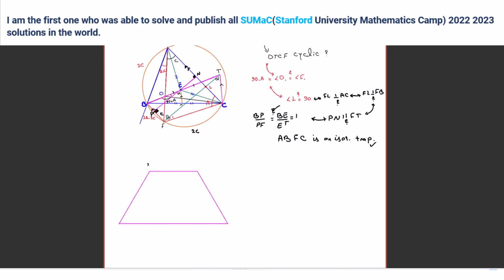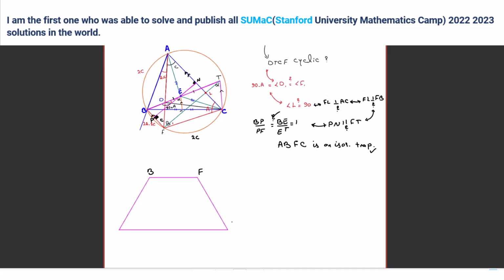Suppose it is B, it is F, it is C, it is A. So we know this is N. It is the perpendicular bisector here, and it is P. You want to prove BP is equal to PF. One way is to say by symmetry, right? But we want to reach a rigorous proof by using, for example, congruent triangles or something like this. How can we prove this one by using congruent triangles?